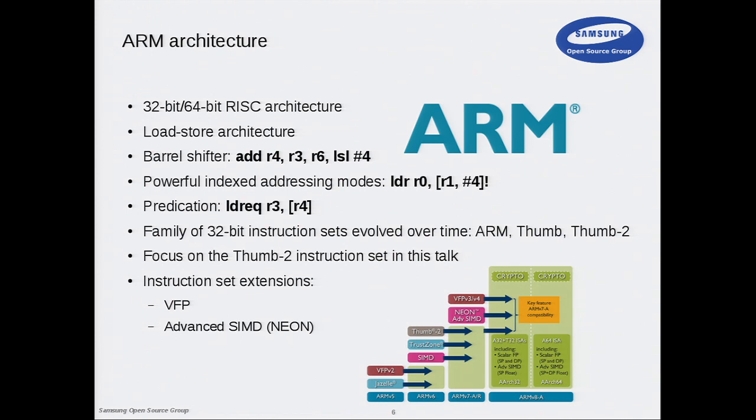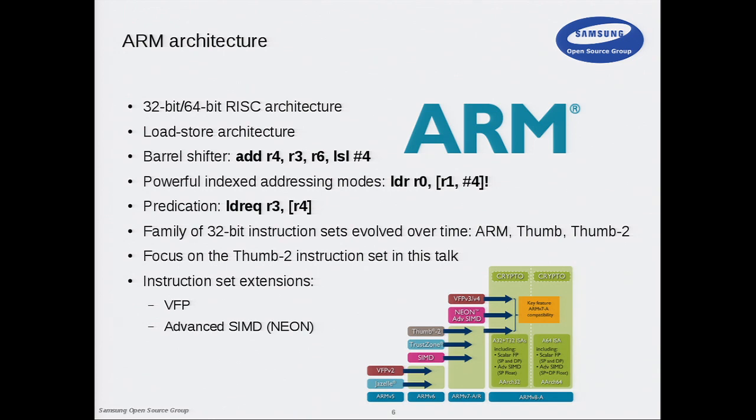The ARM architecture has actually been around for quite some time. ARM v1 was introduced in 1985. When we talk about ARM, it's actually a family of instruction sets which evolved over time. There's the original 32-bit ARM instruction set.